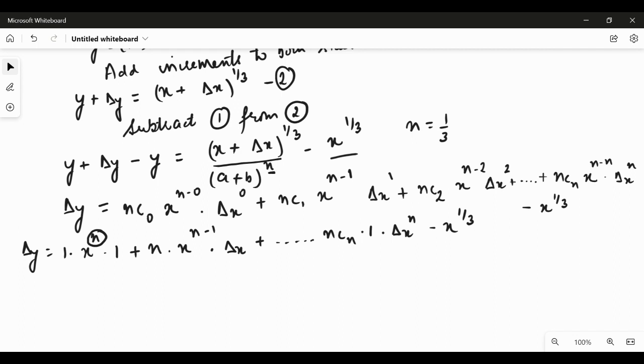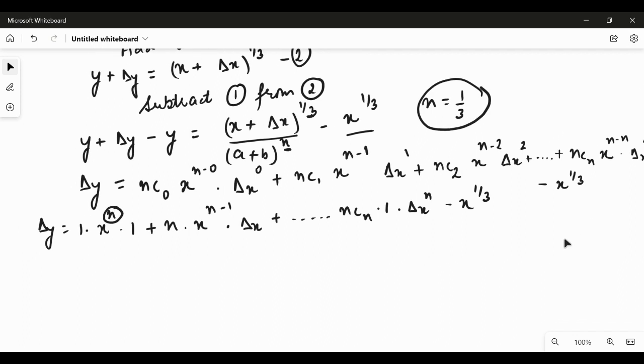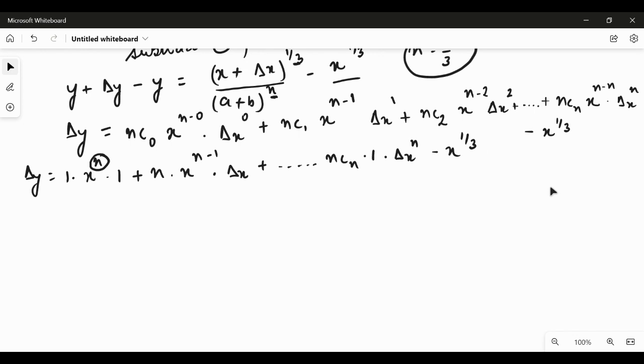See, (a + b)^n. It's (x + Δx)^(1/3). So n is 1/3. I will put this value in the formula. So what will I get? Δy is equal to x^(1/3) into 1, it will remain the same, plus 1/3 x^(1/3 − 1), which gives me x^(−2/3) into Δx.